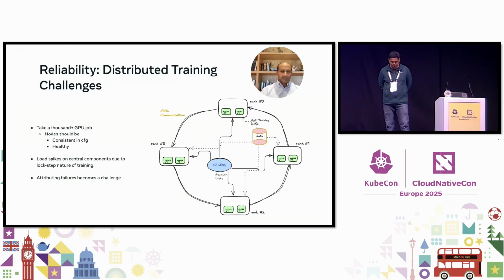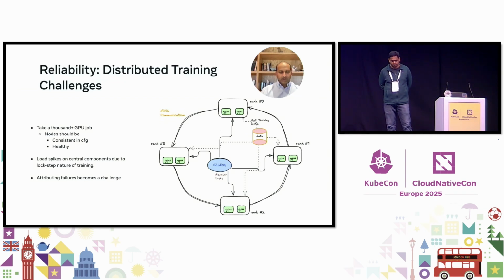This might be somewhat obvious to most people, but the other non-obvious aspect is that the lockstep training approach that is currently in vogue is going to result in load spikes on central components and services. Let me explain what I mean. Let's take a multi-thousand GPU job, right?